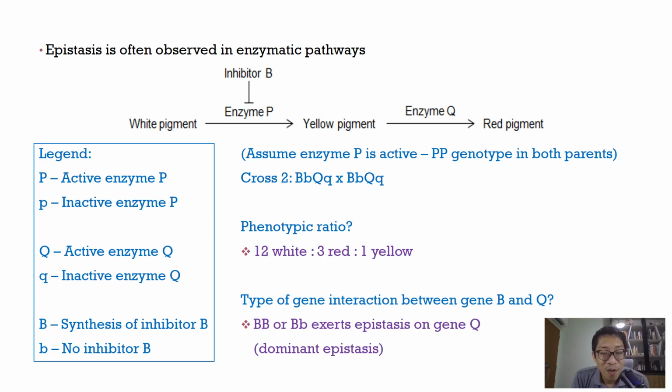Because for gene B, when it has the dominant allele, whether homozygous dominant or heterozygote, with the dominant big B, inhibitor B is synthesized, which inhibits enzyme P. So with the synthesis of inhibitor B, it would be white, regardless of whether active or inactive enzyme Q is synthesized.